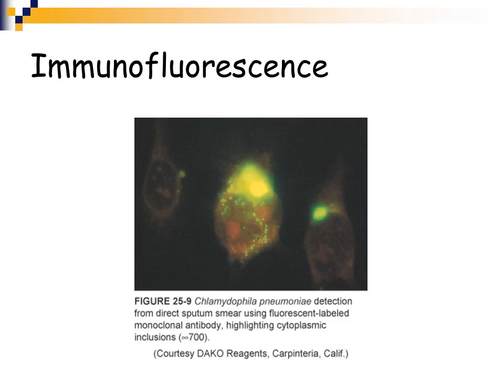For immunofluorescence, you can use antibodies that have a fluorescent tag on them against, in this case, Chlamydophila pneumoniae, and it's going to make the Chlamydophila pneumoniae light up under a fluorescent microscope, and you could see the organisms nice and bright within the cell.